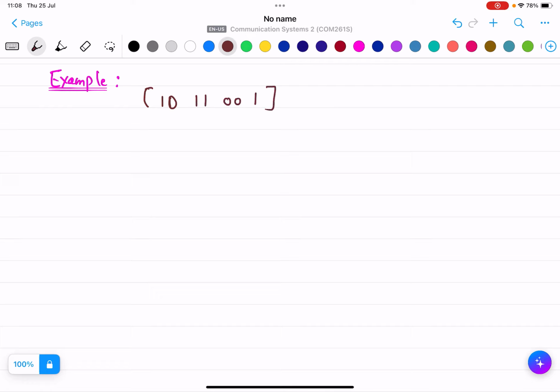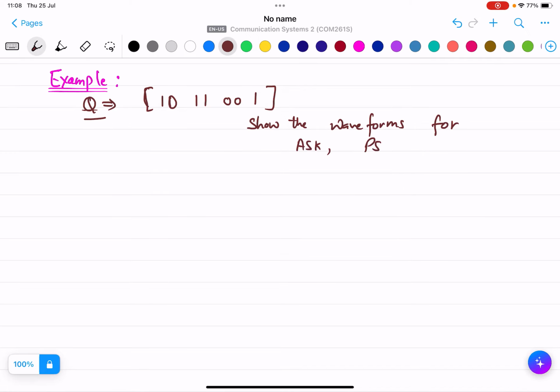This is the question. We need to transfer it and we need to show the waveforms for ASK, PSK and FSK, and we can choose the carrier signal of our own frequency, right?